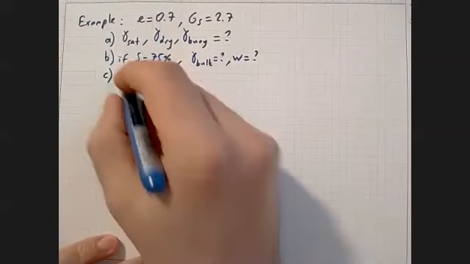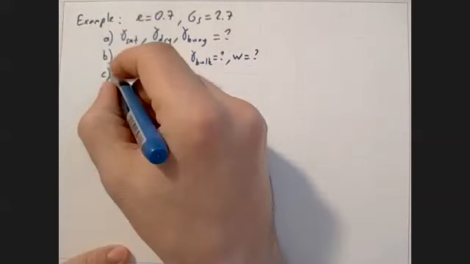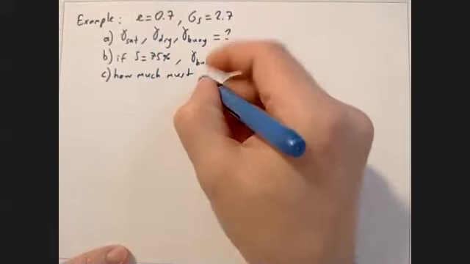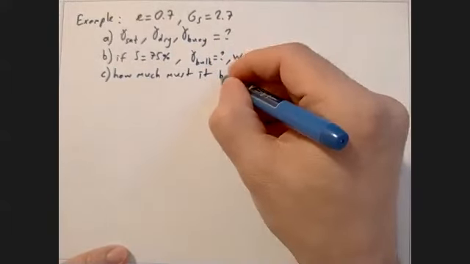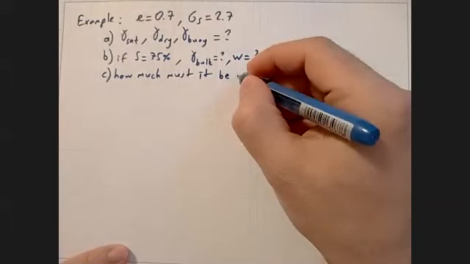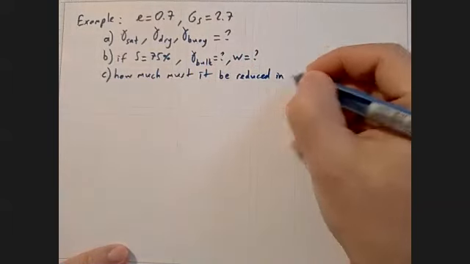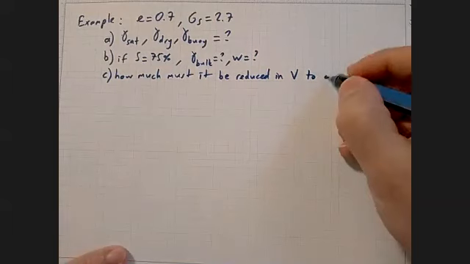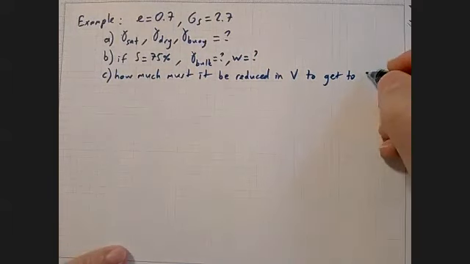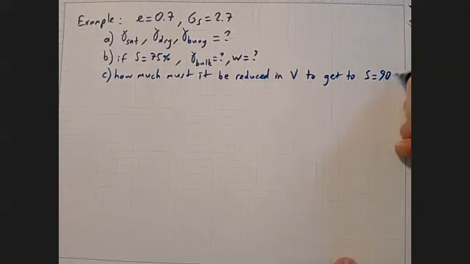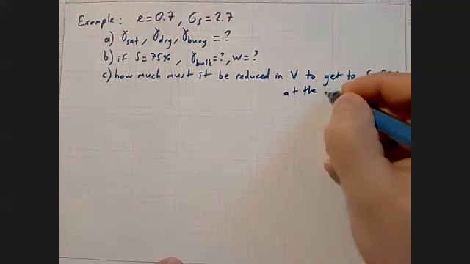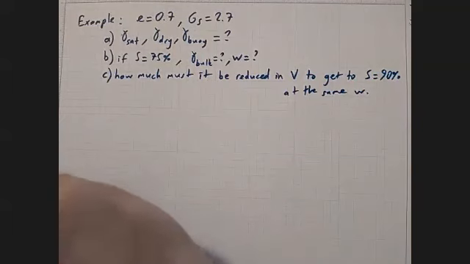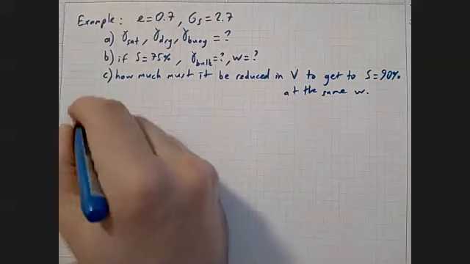And part C, how much must the soil be reduced in volume to get to 90% saturation at the same water content. So let's start with part A.